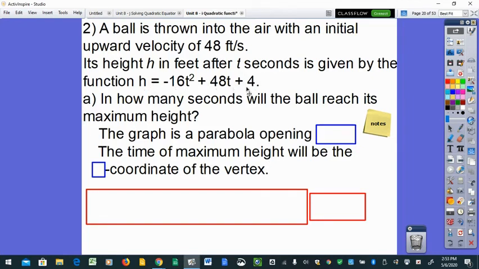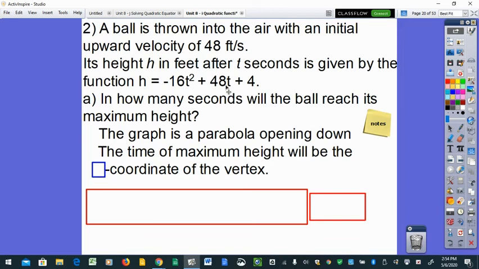So here is the function that will model the movement of the ball vertically being thrown up with that velocity. How many seconds will the ball reach its maximum height? First of all, it's a parabola. It is a quadratic function. Negative a means that the parabola is going to open down. I hope that's what you remembered. The maximum height is going to happen at the vertex.